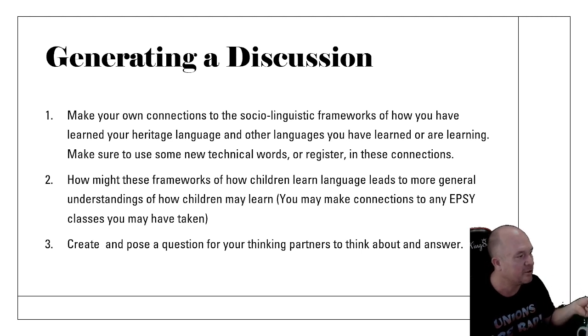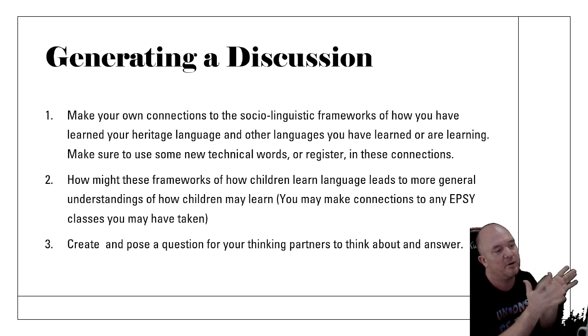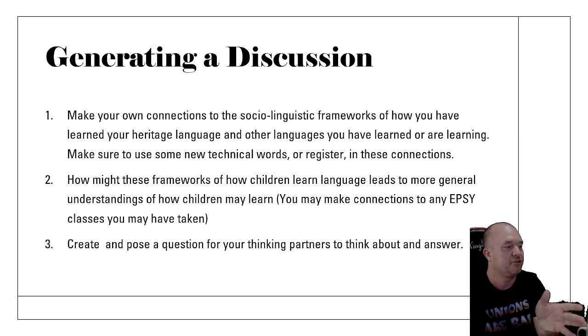And then part two is, I presented different frames, from socio-cognitive frames to socio-semantic frames, of how children learn language, which leads to more general understandings of how children may learn in general. So how can we generalize these frameworks to how children may learn in your content area?